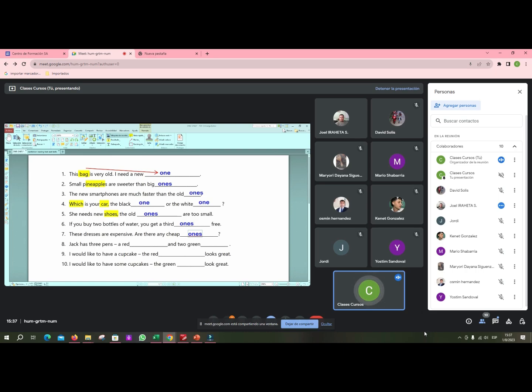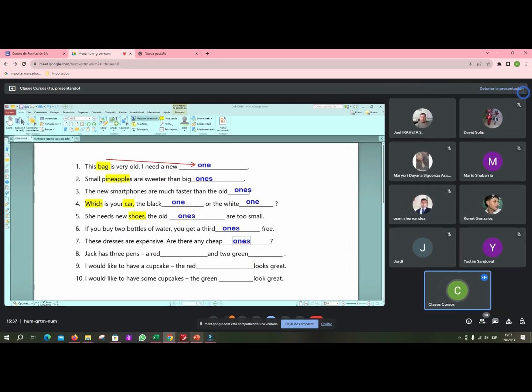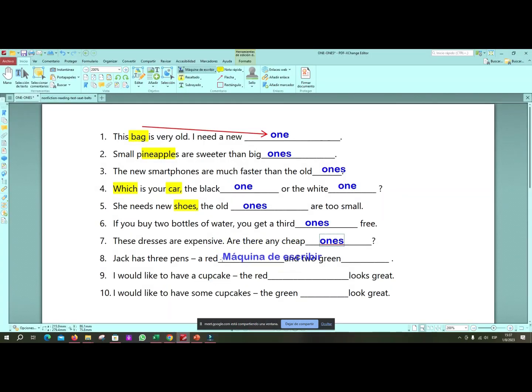8. Jack has 3 pens, a red one and 2 green ones. What about that one? That is, yes, Kenneth. That is the first one, because there you have there what? And 2 green ones. Perfect. That is okay, Kenneth. Very good. Let's see, 9.